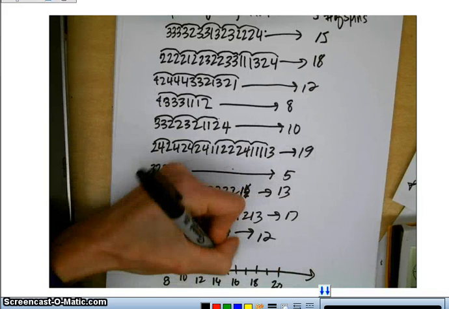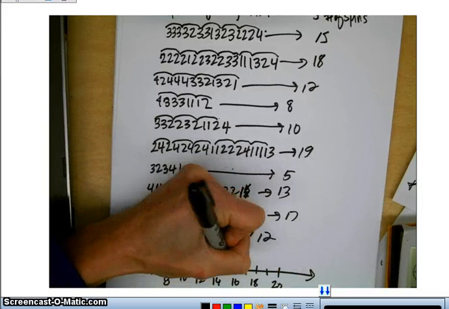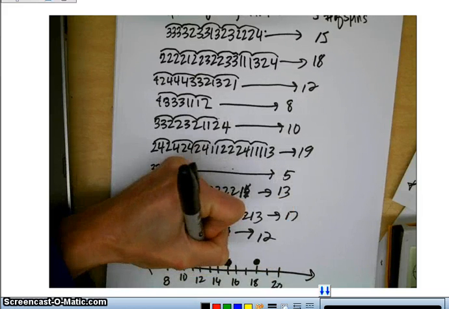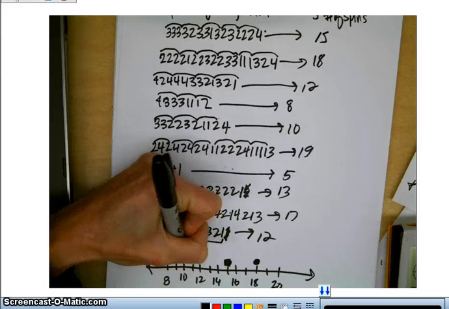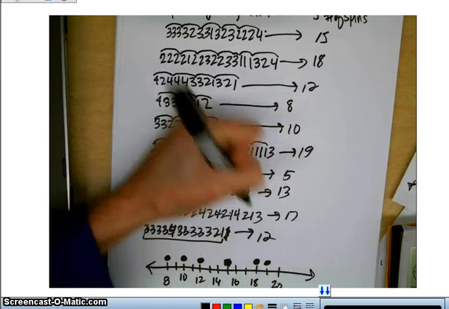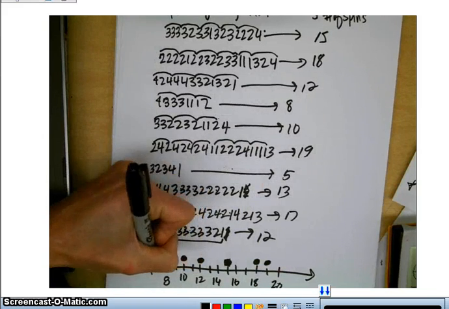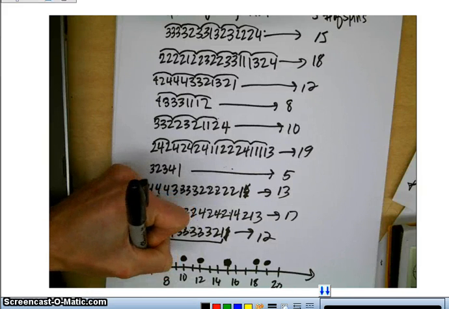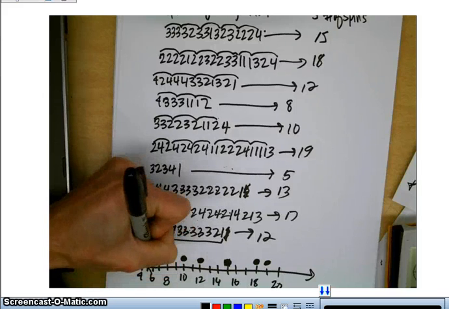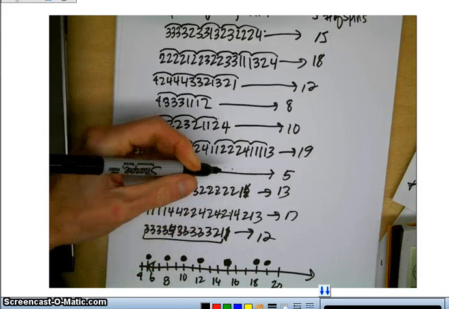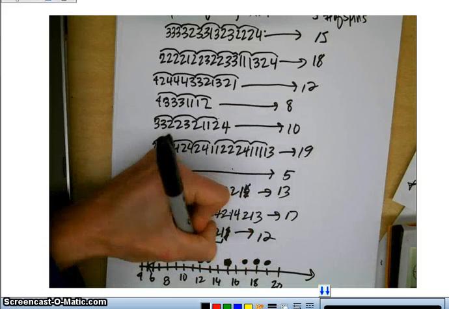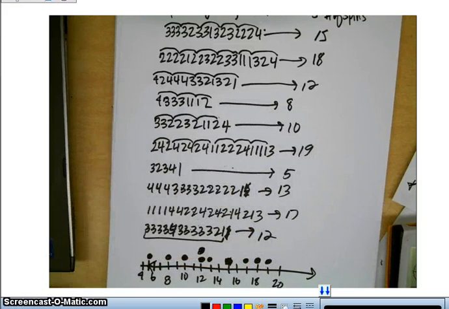And I had 15 once, and 18, I can just put dots, and 18, and 12, and 8, and 10, and 19, and 7, 6, 5. Okay, so there's 5, and 13, and 17, and 12 again. So this is just a dot plot.